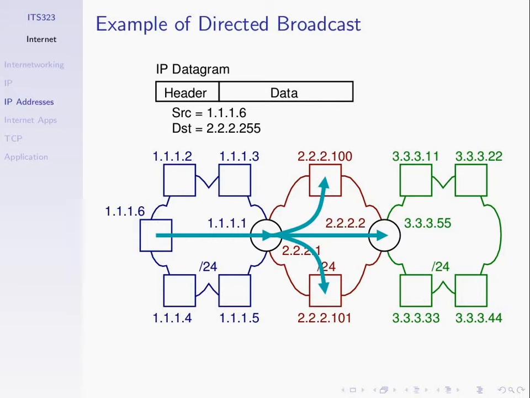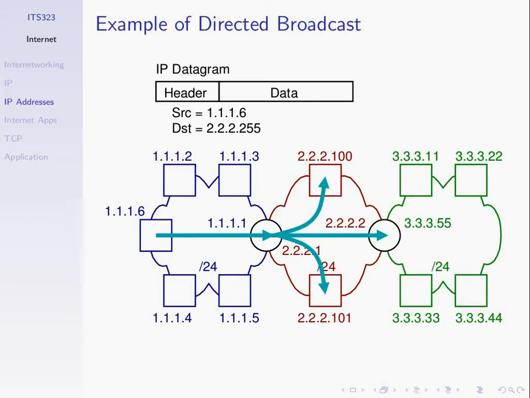Sometimes I don't want to do unicast, which is send one-to-one. I would like to do broadcast, send one-to-many. Broadcast in communications is sending to multiple destinations or all destinations at once. So there are some special case IP addresses that are reserved for, in this case, what's called directed broadcast.